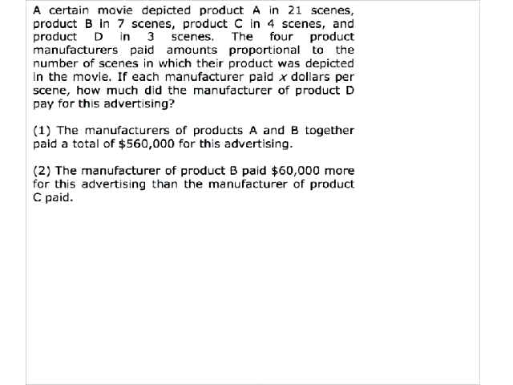And then you have this statement: the 4 product manufacturers paid amounts proportional to the number of scenes. Can anybody tell me, what does that mean? Text box, if you guys know what that means, go ahead and type an explanation in the text box, please. What does it mean, proportional to these other numbers?